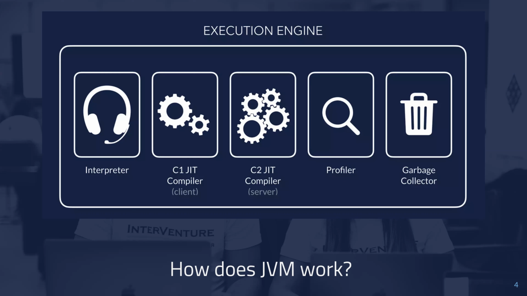I will show later on what their main purpose is. But in general, the goal is to get better performance than interpreting the bytecodes every time. But still, C1 and C2 compilers depend on the hotness of the code. So it really depends how this code is used, and JIT compilation takes time and takes resources.